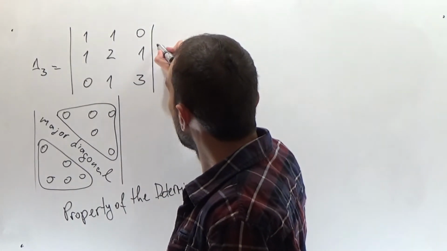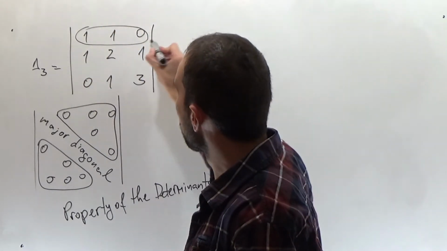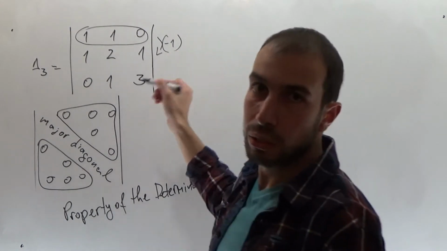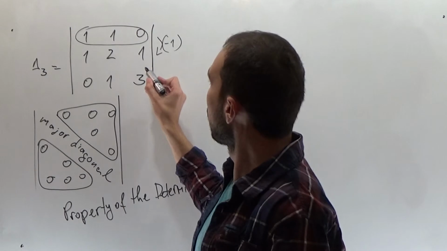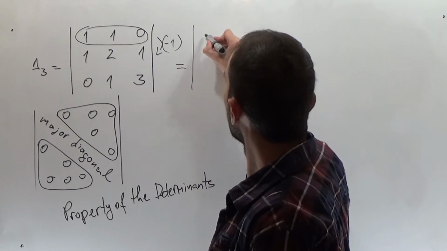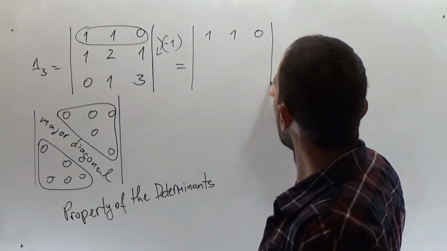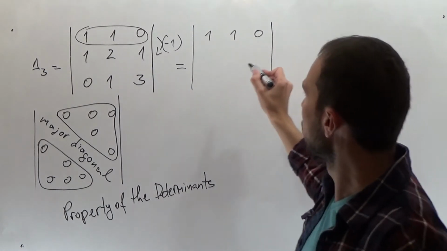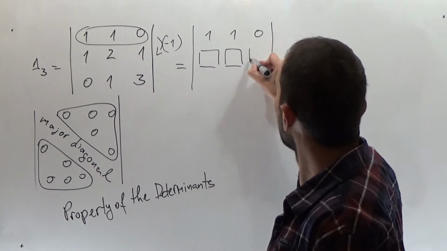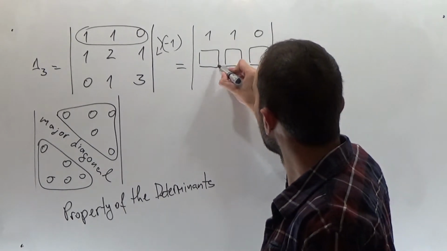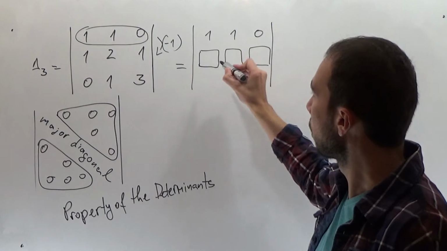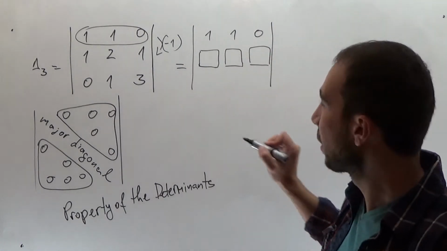I will multiply first row by -1, and I will add the result of this to the second row. Okay, we have first row unchanged and have to put the elements of the second row here in these, let's say, boxes.